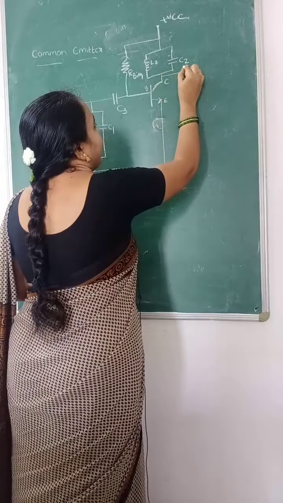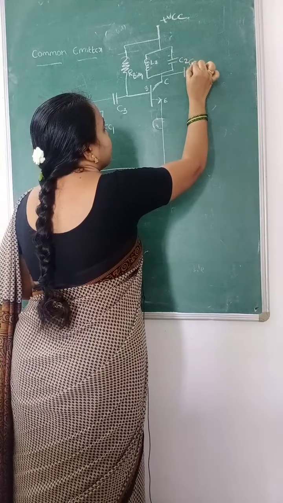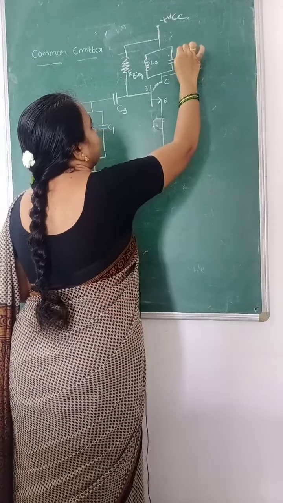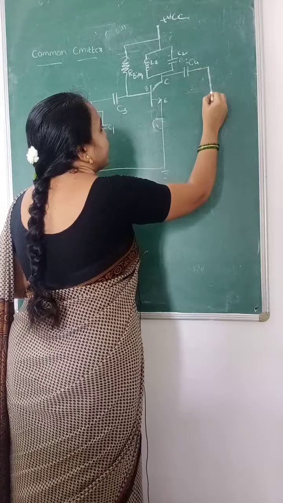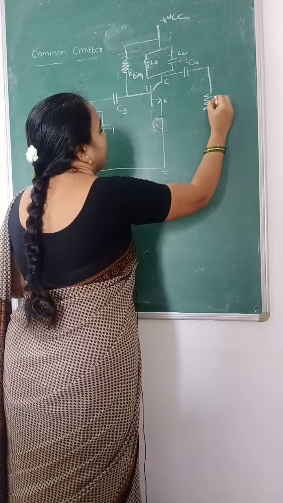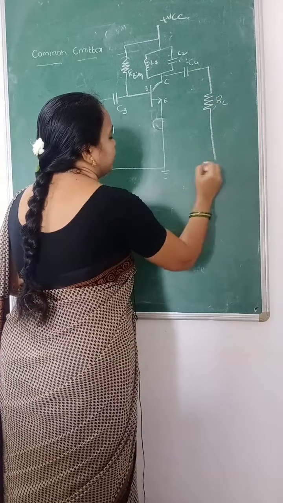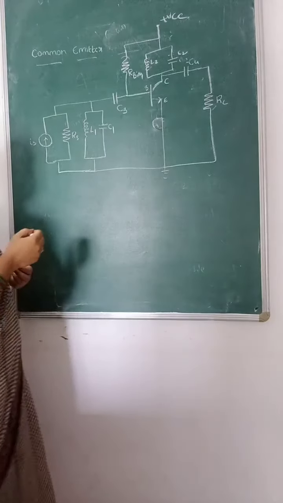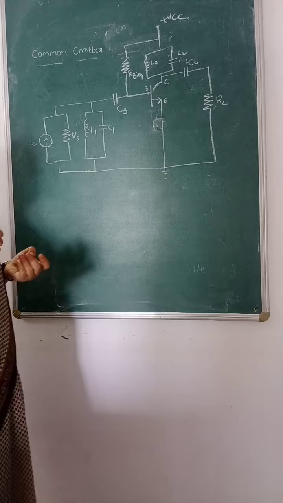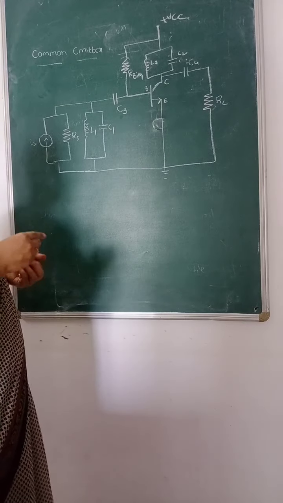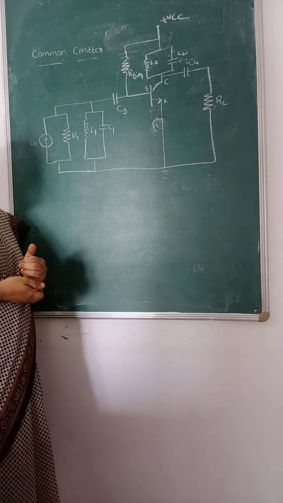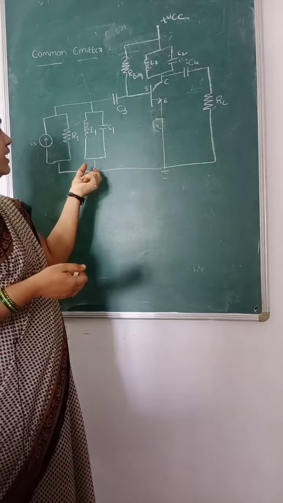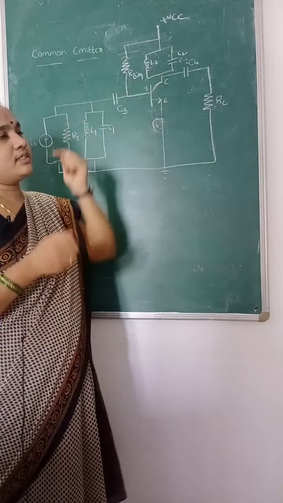Here we will have a coupling capacitance called C4, and the output is taken across the load resistance RL. So this is the total common emitter tuned amplifier circuit, having two tuned circuits in the input and output sections.